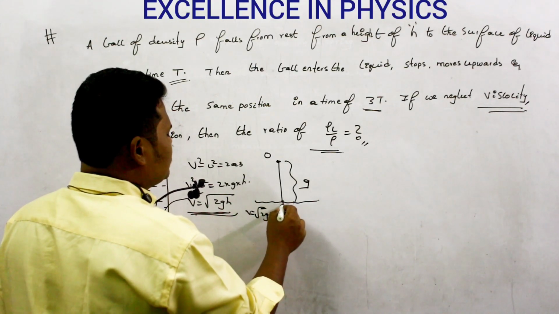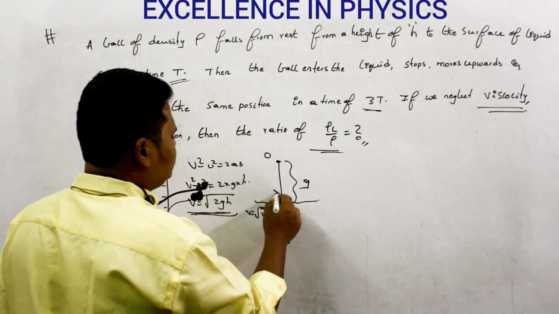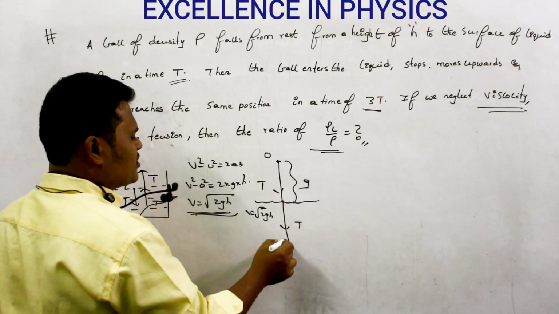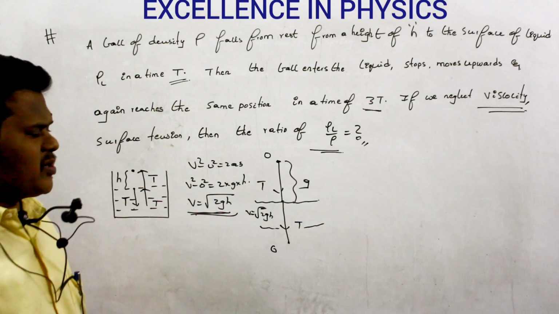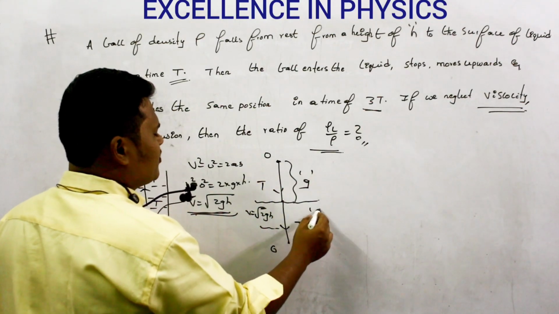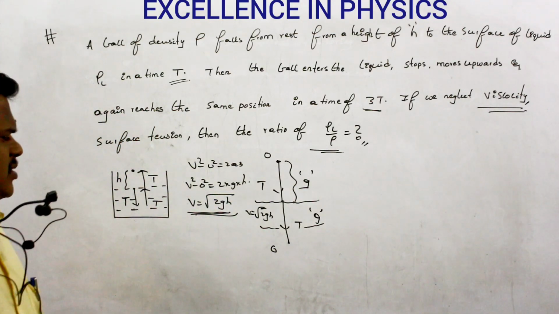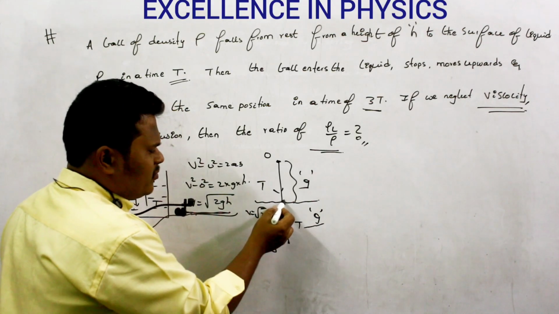So this root 2gh velocity should again become 0 in the same time t. Here the time taken is t, and here also the time taken is t only inside the liquid. This is only possible if this value is g, then here also the acceleration provided by the liquid should be equal to g itself.